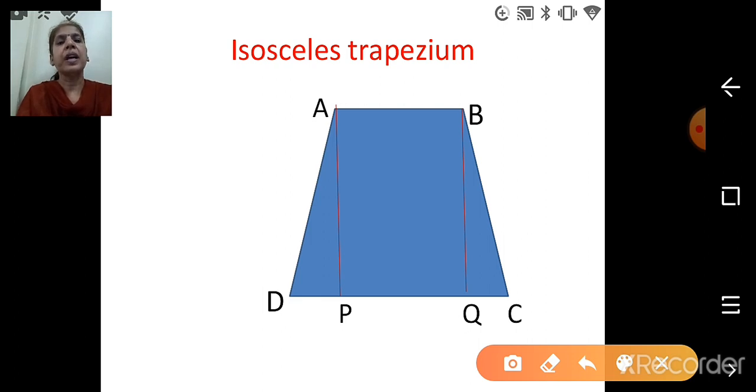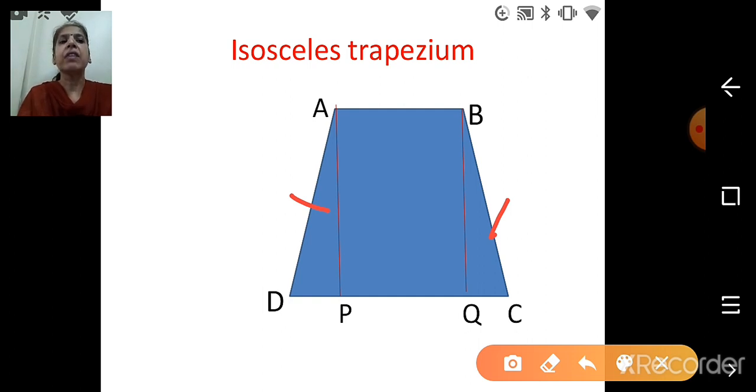So we know a trapezium has one pair of opposite sides parallel. Now which side is parallel? AB is parallel to CD. So side AB is parallel to side CD. So these other two sides, which are AD and BC, are known as non-parallel sides.